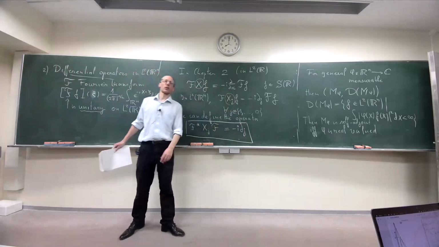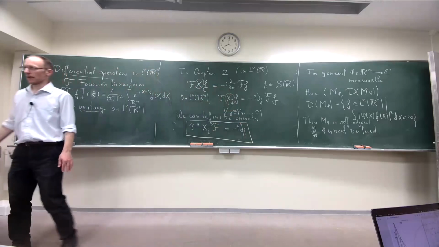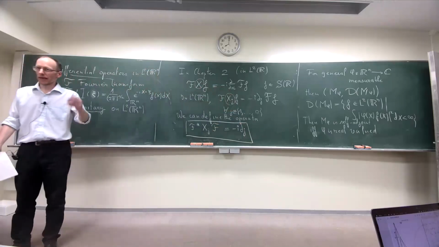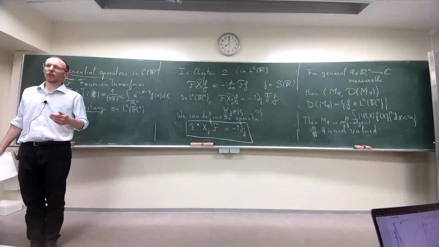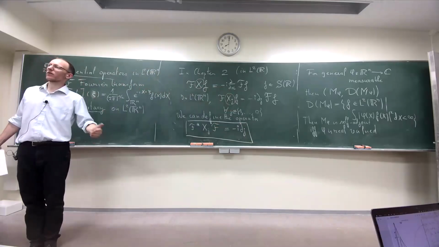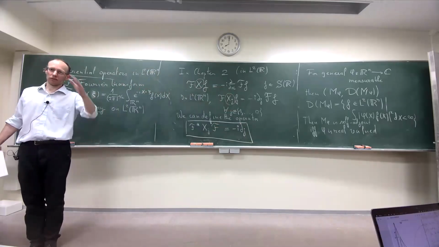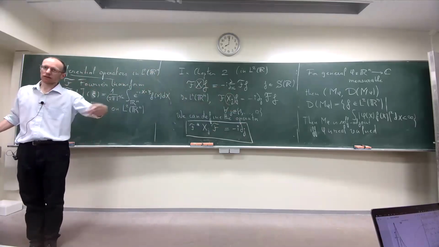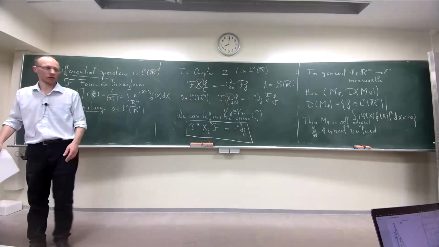But this is equal to minus i d over dxj. This is a new operator. The derivative is a linear operator. Take a function, taking the derivative is a linear map. If you take the sum of two functions and take the derivative, it's the derivative of the first function plus the derivative of the second function.